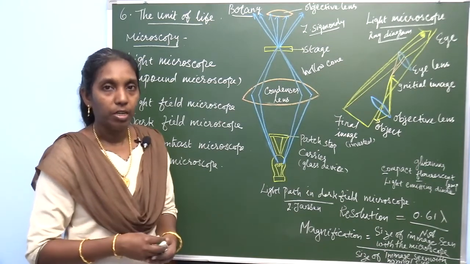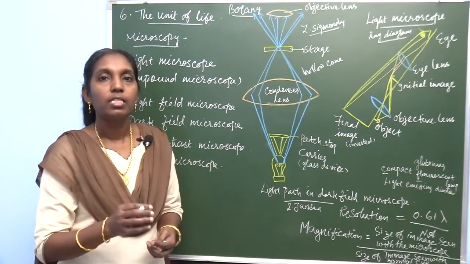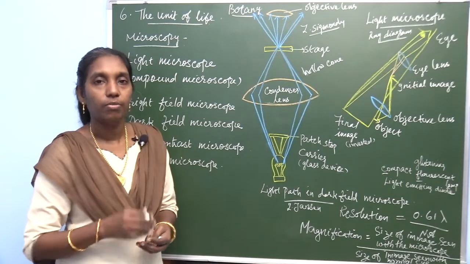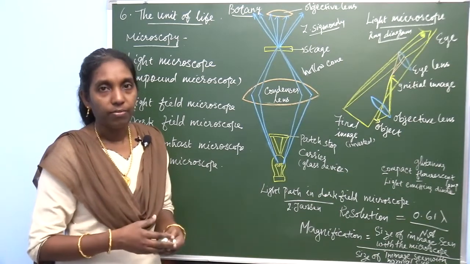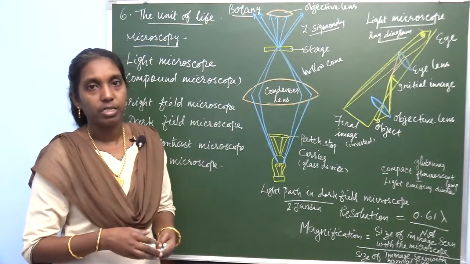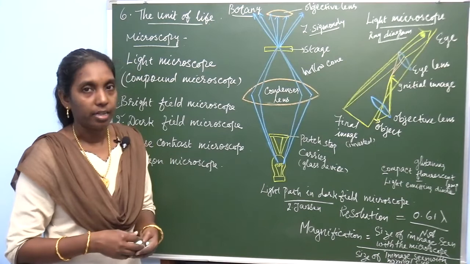Light is very important because at first we focus the object with the source of light. The image is magnified hundreds of times and it becomes visible to our naked eye.